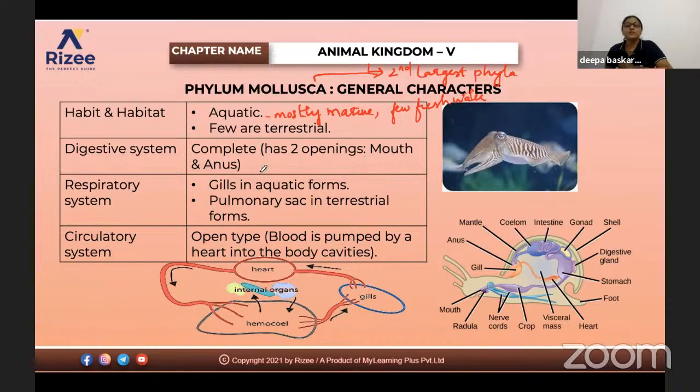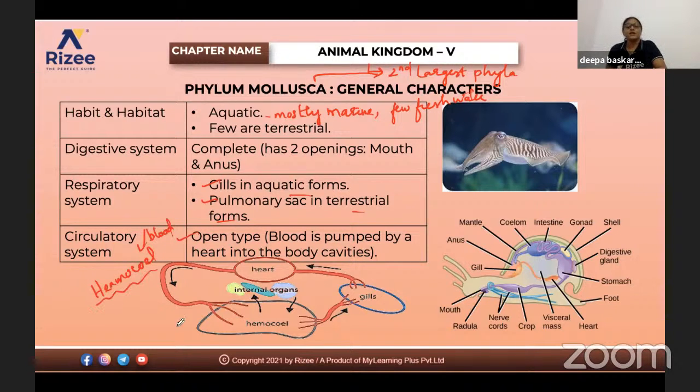The digestive system is complete. It has two openings, mouth and anus. Regarding the respiratory system, there are gills in aquatic forms and pulmonary sacs in land-living, terrestrial forms. Then the circulatory system is open type, and the body cavity is called hemocoel, as the blood is poured into the body cavity.